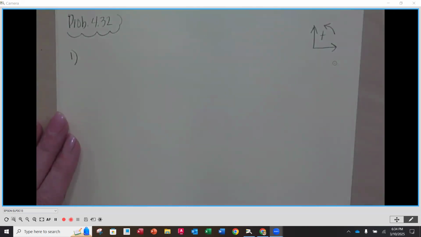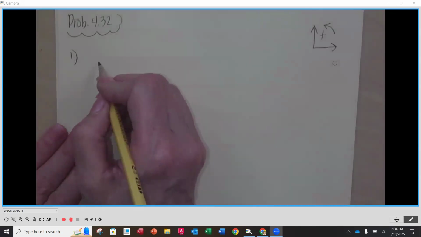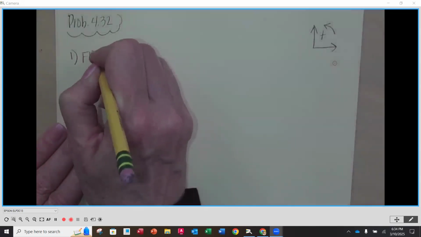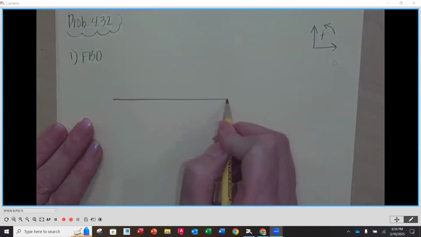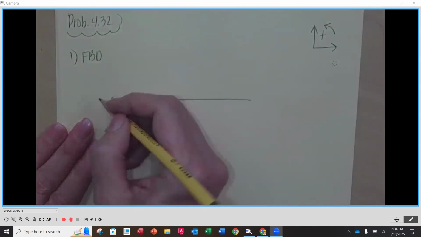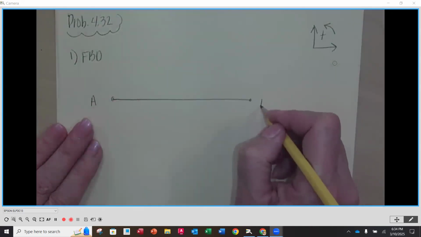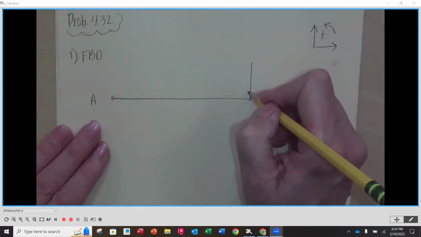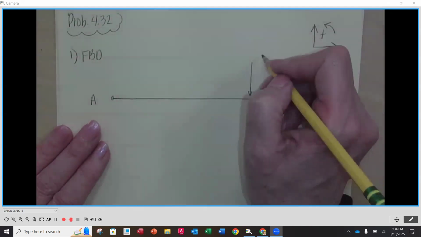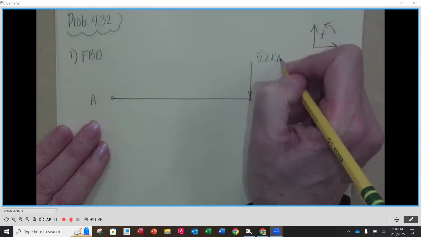Free body diagram first. And we are simply going to draw a line from A to B. Now our applied loads here, we have a concentrated load right here, and that is 5.2 kilonewtons.